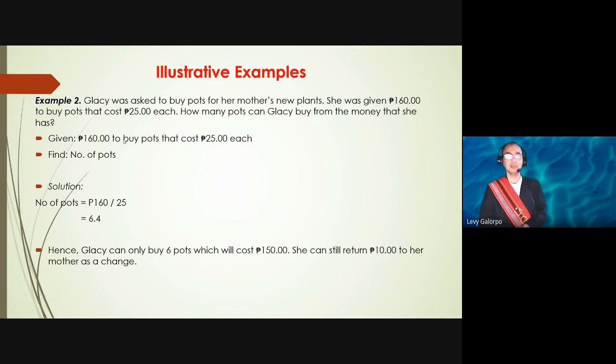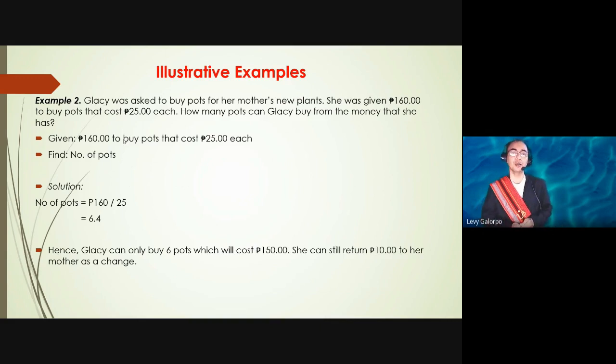Ang solusyon natin, ito. So, number of pots is equals to, napakasimple, 160 pesos divided by 25 pesos. So, after nyan, malalaman natin kung ilang pots ang mabibili natin sa 160. At dito, mayroon tayong nakuha na 6.4. Siyempre, ang nakuha nating figure ay number of pots na mabibili, at hindi yan amount.